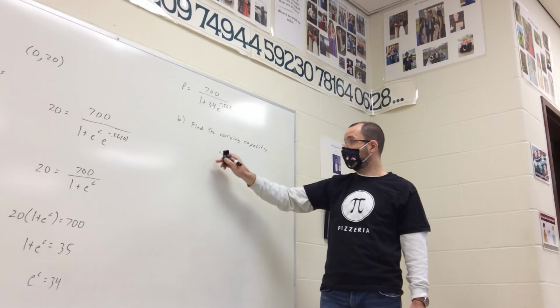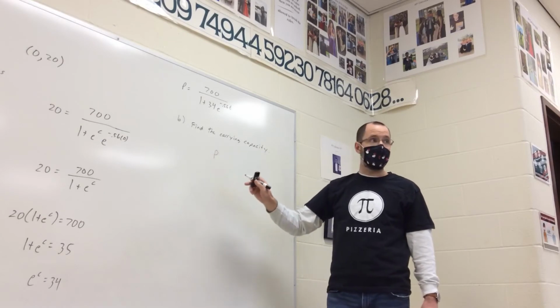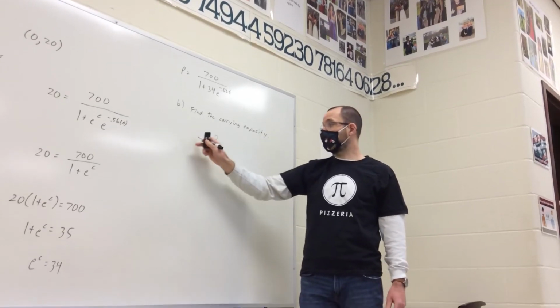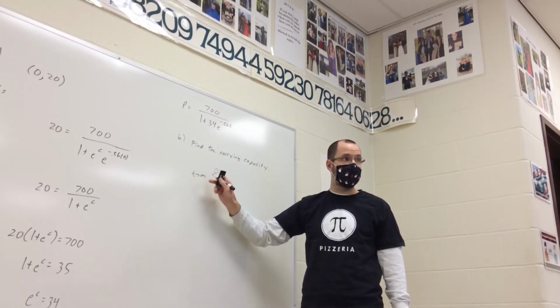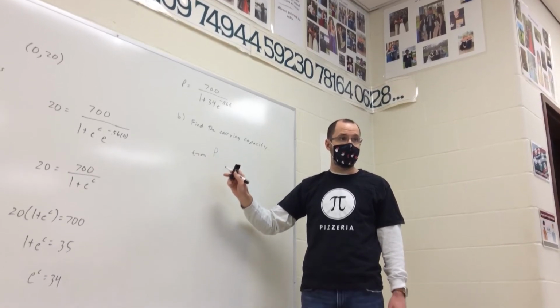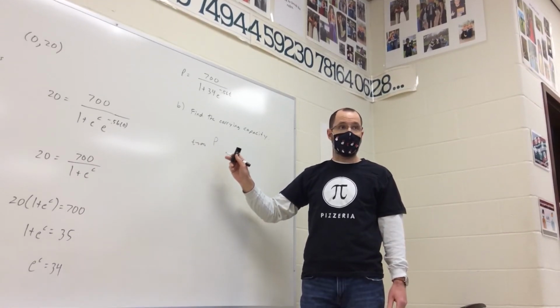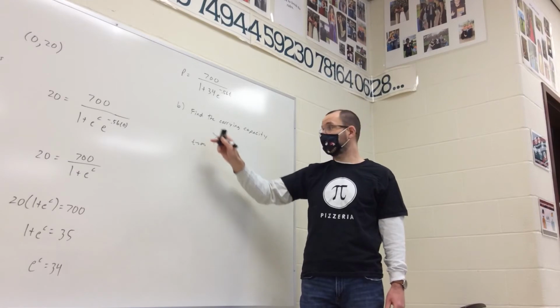So it's the population, but it's what happens as time goes by. Time going by means time going to infinity. And it's what the population gets closer and closer to. So it's a limit.